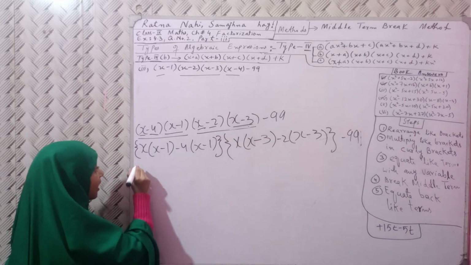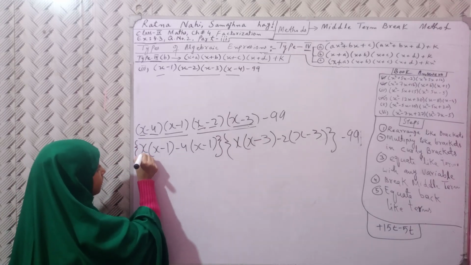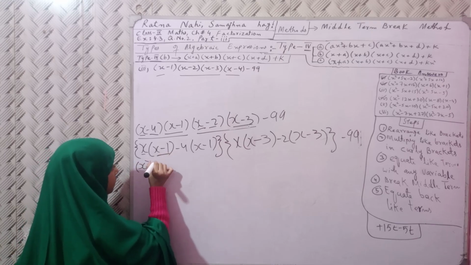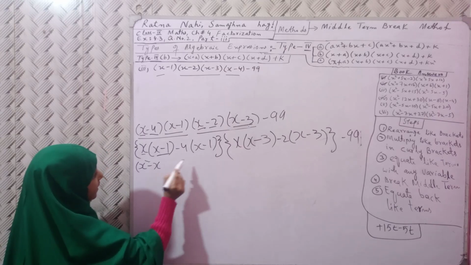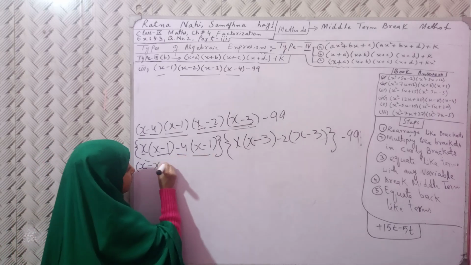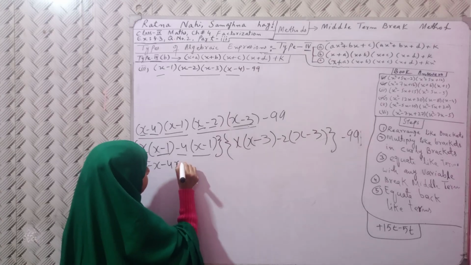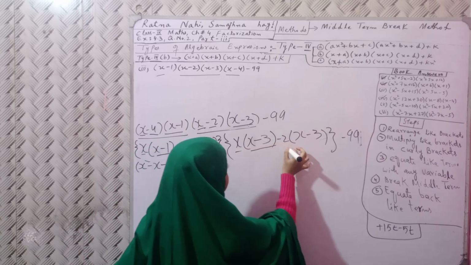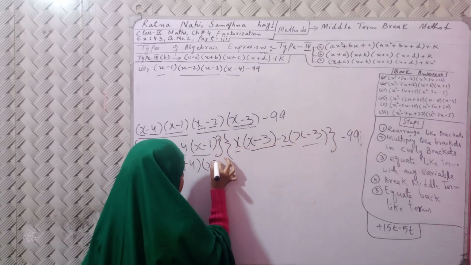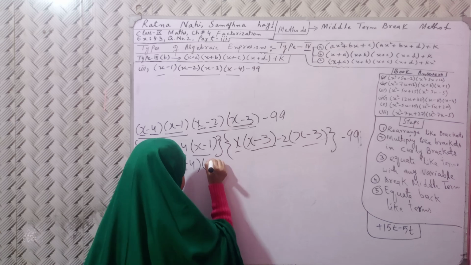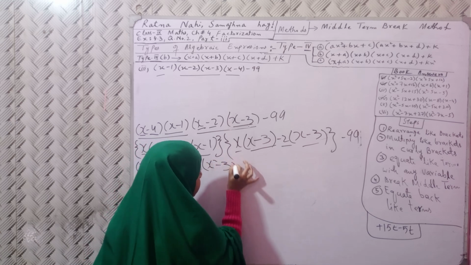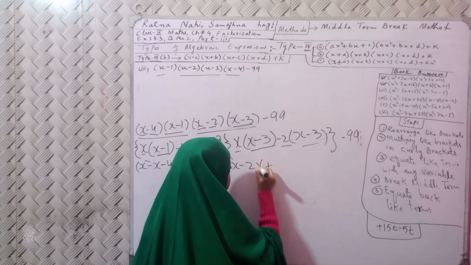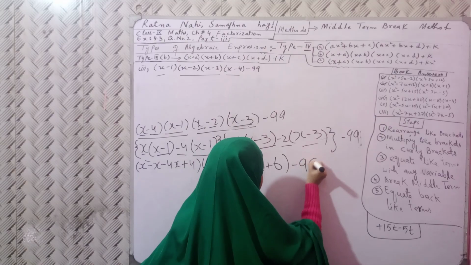In the curly bracket again we need to multiply. First of all, this will be multiplied with this whole bracket. Then this will be multiplied with this whole bracket, 4x + 4. Then this will be multiplied with this, and this will be multiplied with this, -3x - 2x + 6 - 99.